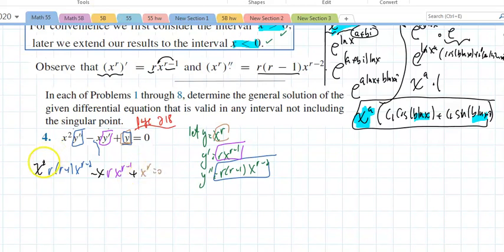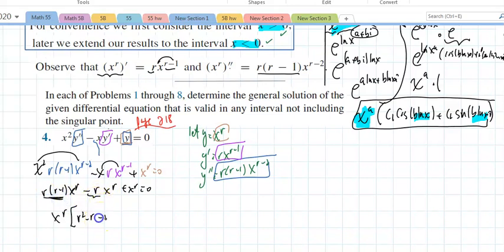And what happens when I multiply those? Don't you add the powers? When you multiply those, what do you think happens? Well, Euler again. Isn't that r squared minus r? That's this. Minus r plus 1.